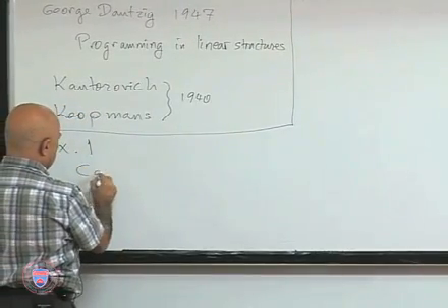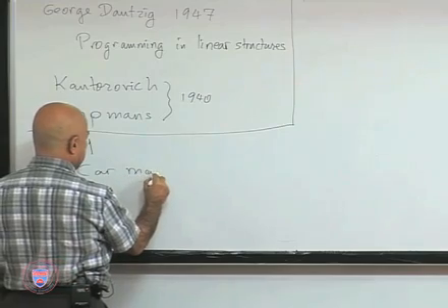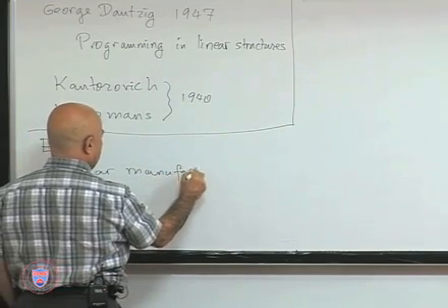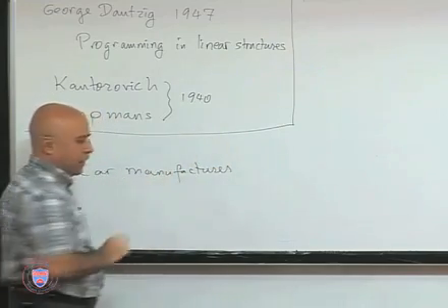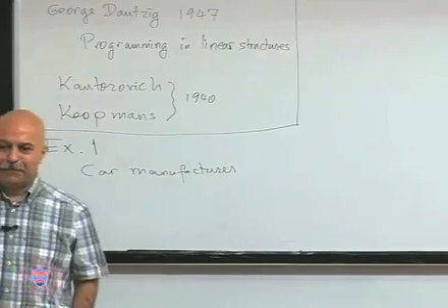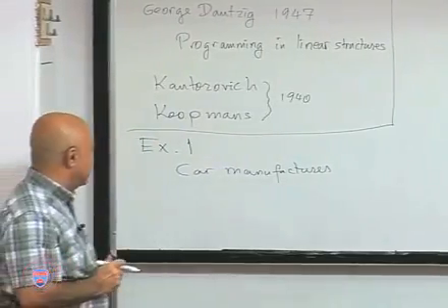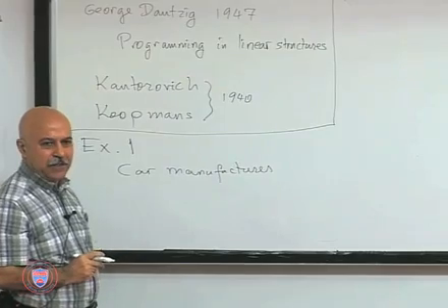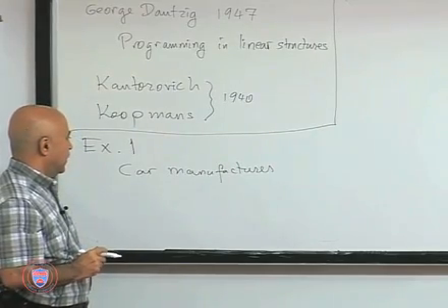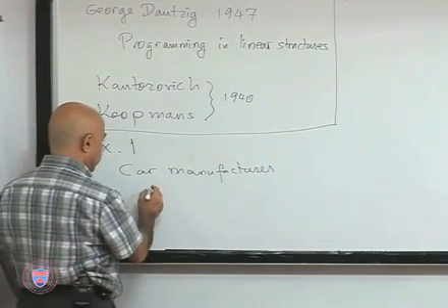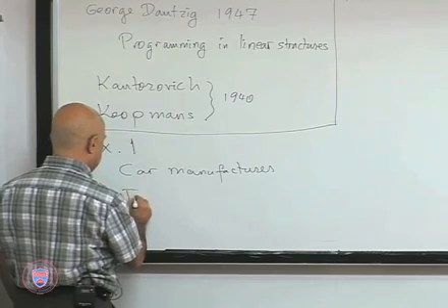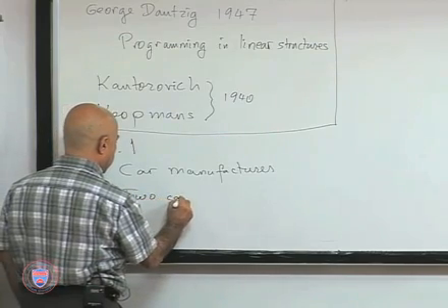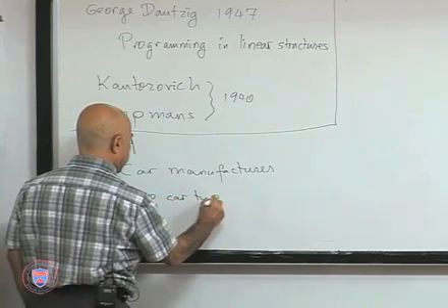Let's suppose we have a car manufacturing plant, or an assembly plant, whatever you want to think of. And just for the sake of simplicity, let's assume there are two types of cars produced in the plant.